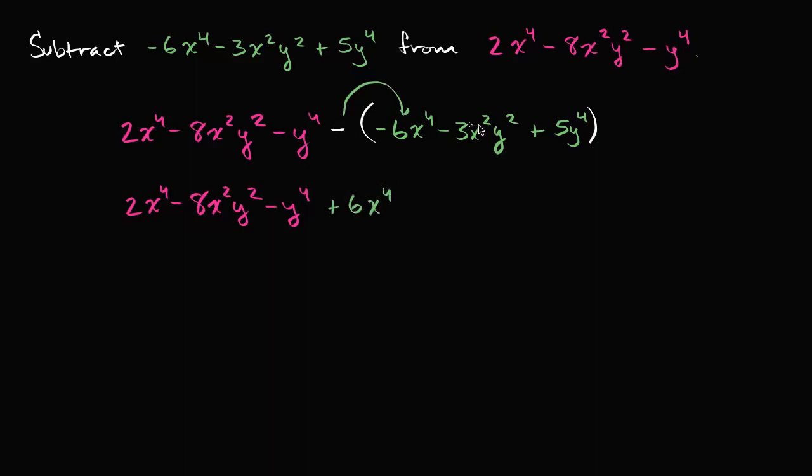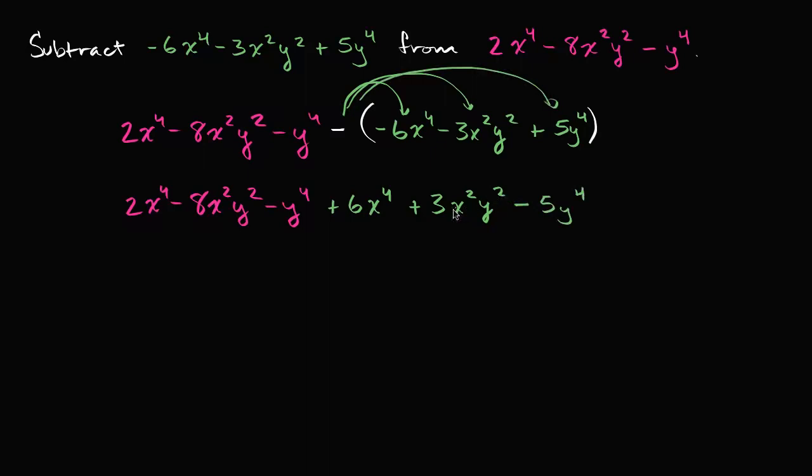And then the negative of negative 3x squared y squared is going to be positive 3x squared y squared, so plus 3x squared y squared. And last but not least, we're subtracting positive 5y to the fourth, so that's going to be negative 5y to the fourth.